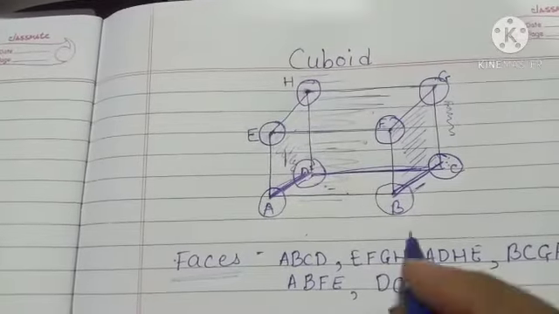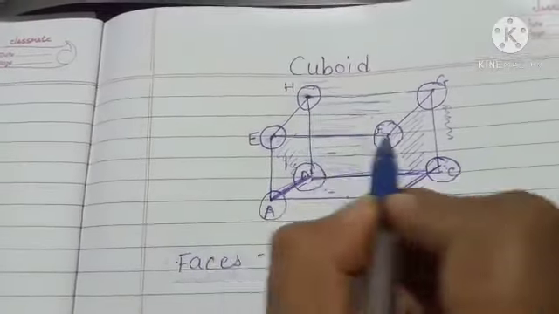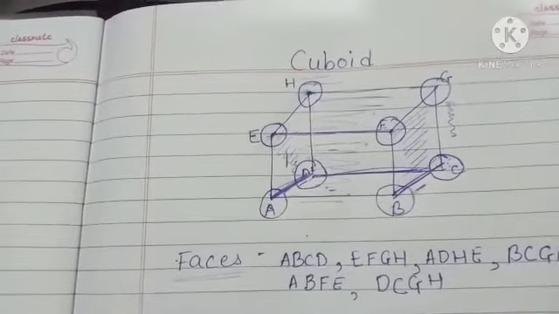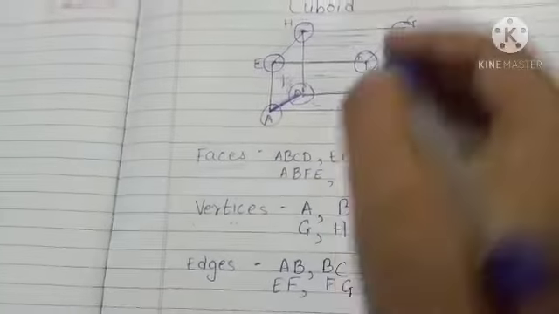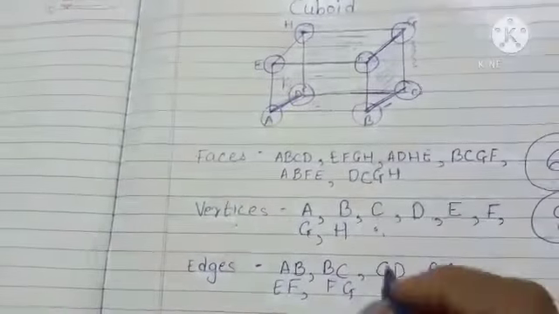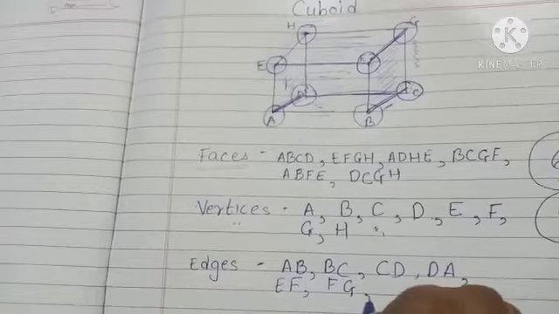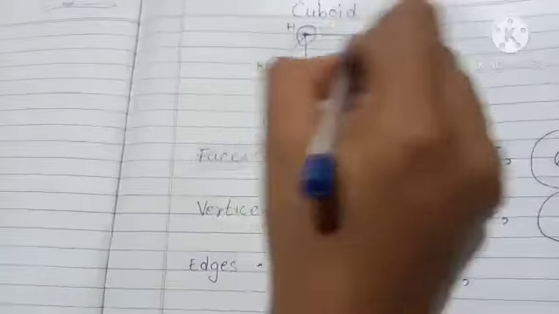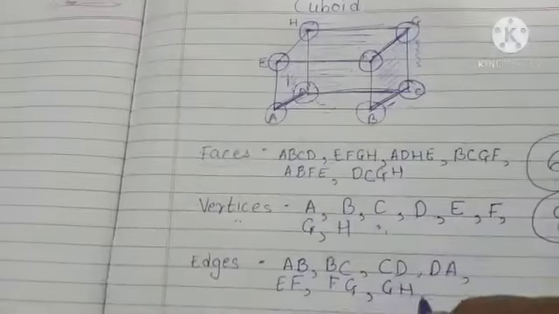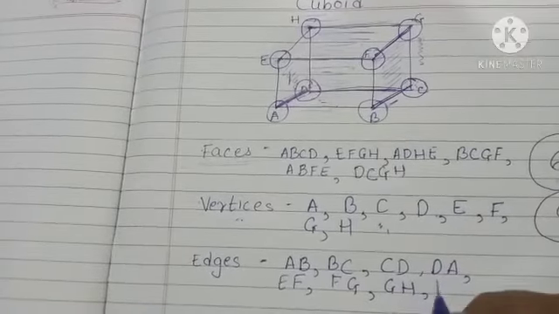Then we have EF. Then we have FG. Then we have GH. Then we have HE.